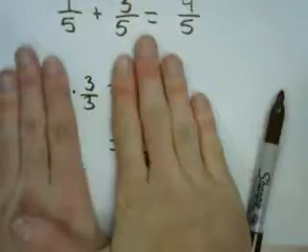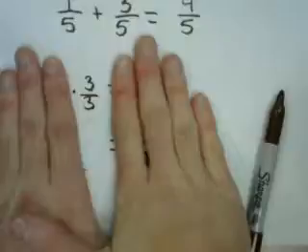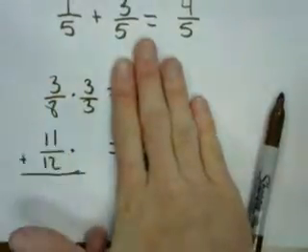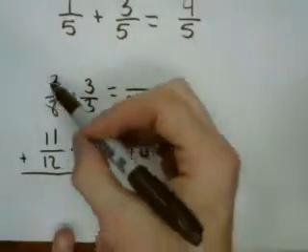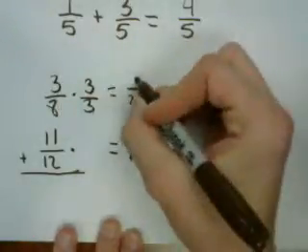Now technically, if I multiply anything by 1, I'm not changing its value. So here we're manipulating this fraction while not changing its value. We're actually finding an equivalent fraction. So here, this is a way we can accomplish what we want while still keeping the value. So here, let's go ahead and multiply 3 times 3, which is 9.